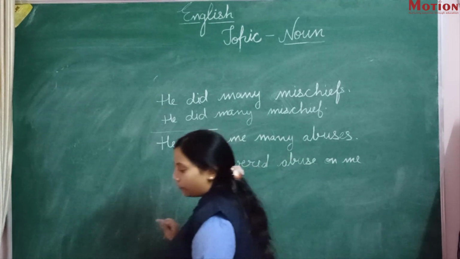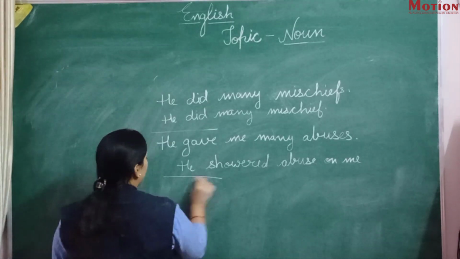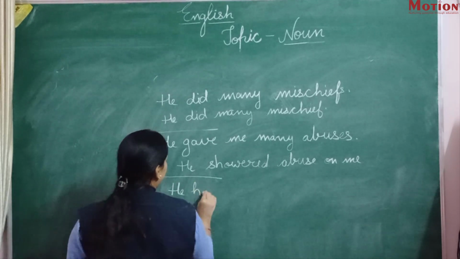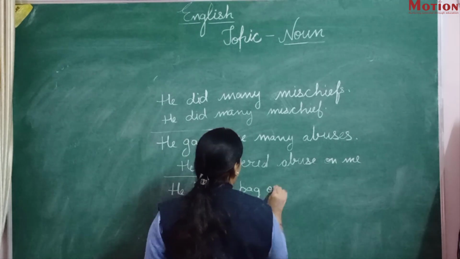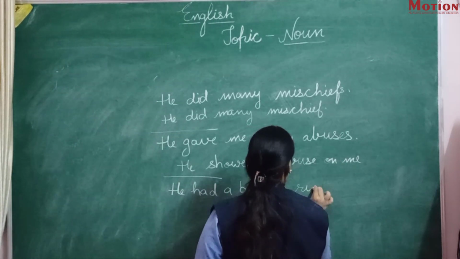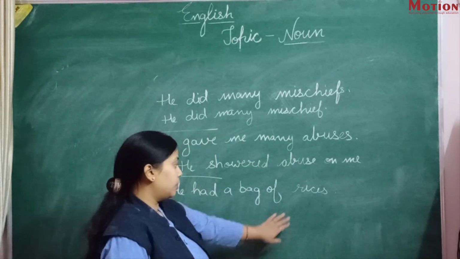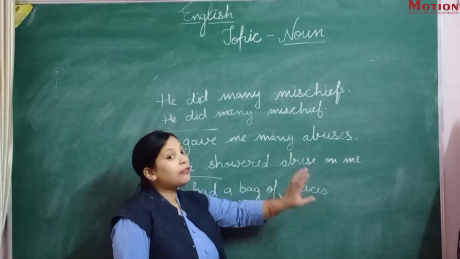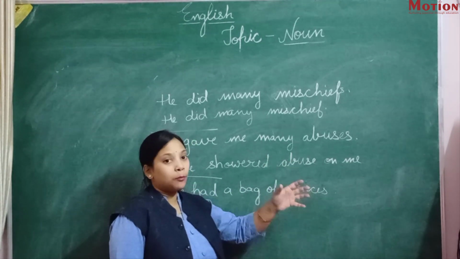Like this we have many more, for example, he had a bag of rices. Next sentence, he had a bag of rices. Rices, it's an uncountable noun. As I have told you, many uncountable nouns rarely have plural forms.